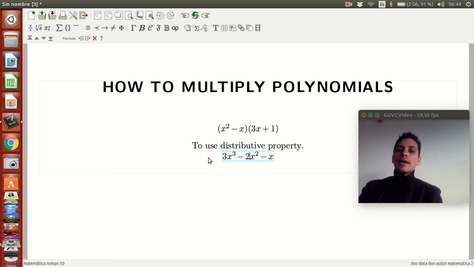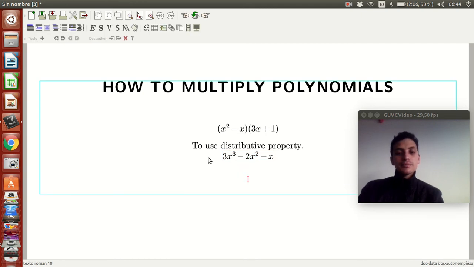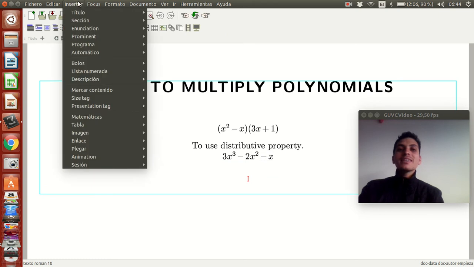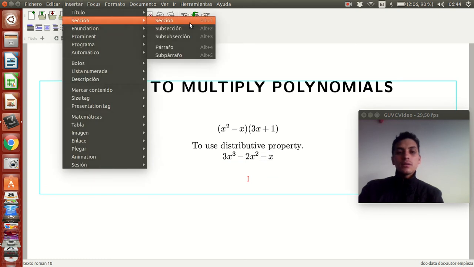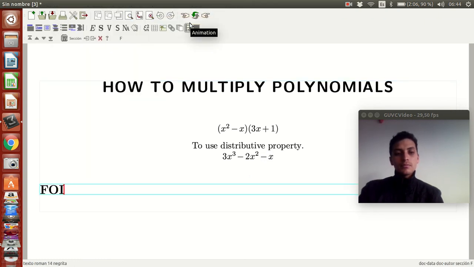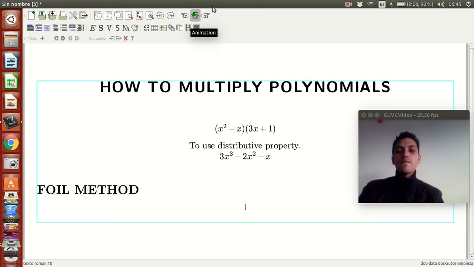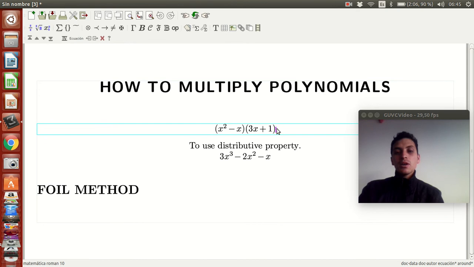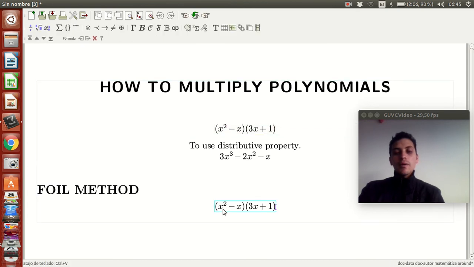But now, what's going to do the process to multiply binomials? To multiply binomials, there's a method called the FOIL method. But FOIL method is only applied for binomials. Here we have a pair of binomials, so we're going to apply it for binomials.